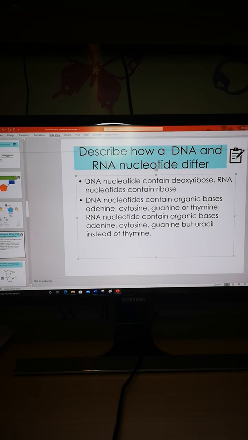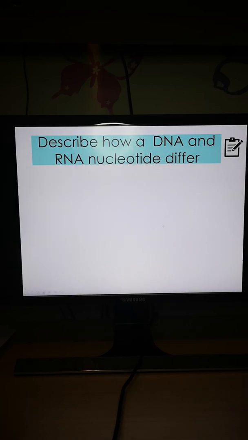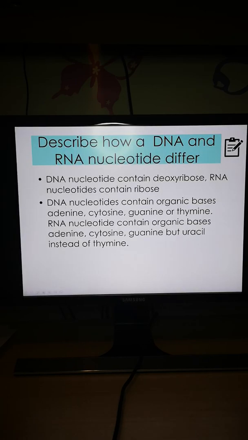Giving the game away on the rest of it. Okay, so DNA nucleotides contain organic bases adenine, cytosine, guanine, or thymine, whereas RNA nucleotides contain adenine, cytosine, guanine, but uracil instead of thymine. Tick, tick.